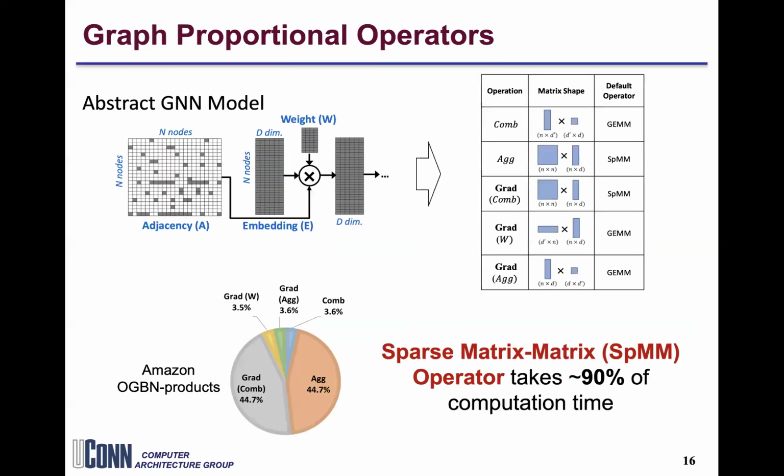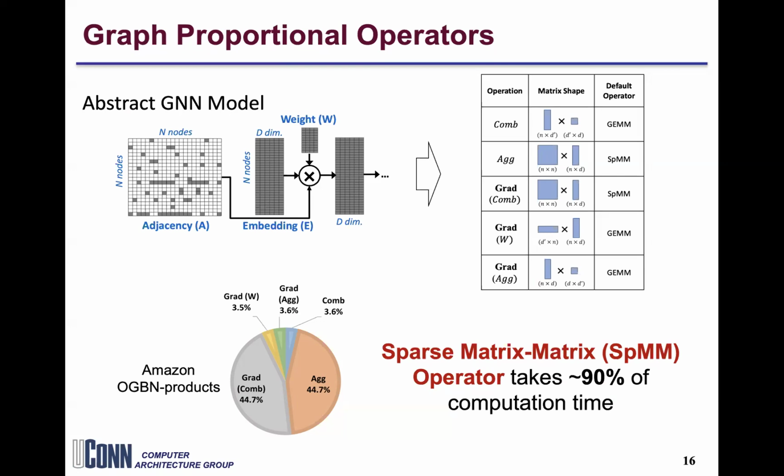But anyways, in these graph proportional operators, we did a bunch of analysis on the GNN models. We took 10 or 12 state-of-the-art models a couple of years ago, and we started analyzing them. This top left picture shows the graph represented as an adjacency matrix, and then the embeddings are vectors where each graph vertex has its own vector array, or every edge can be represented as a vector.